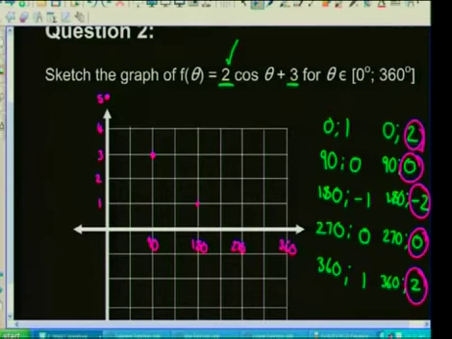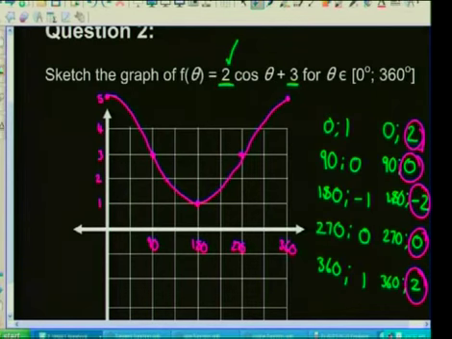So my function is there. 270 and 0, adding 3 to that is going to put me over there. And then lastly, we get 360 and 5 again. And I'm going to have this lovely function that looks like this.